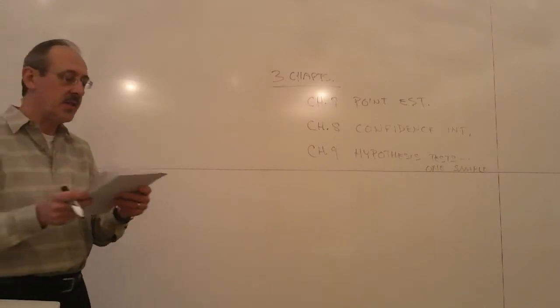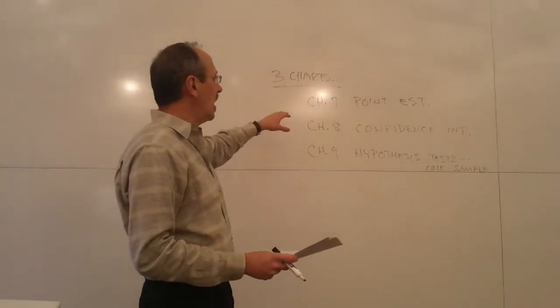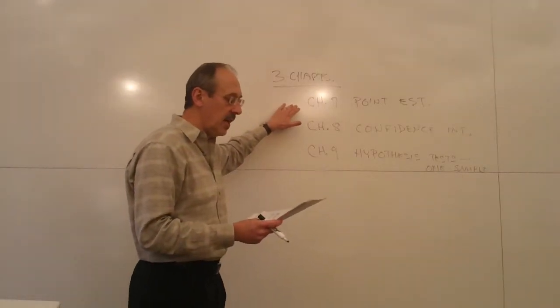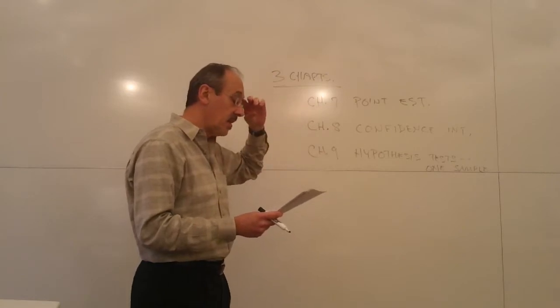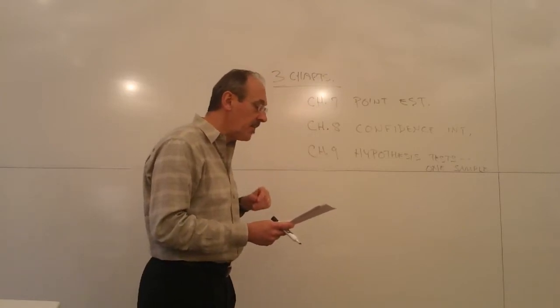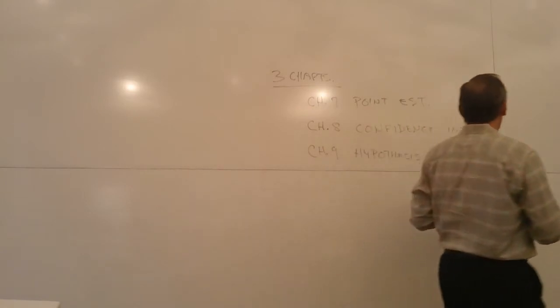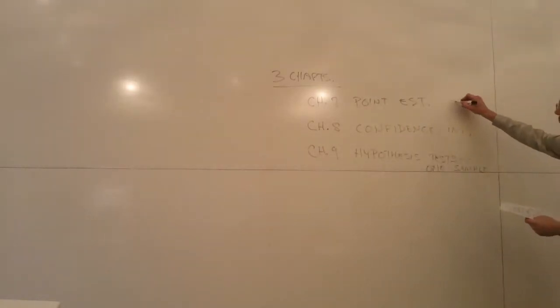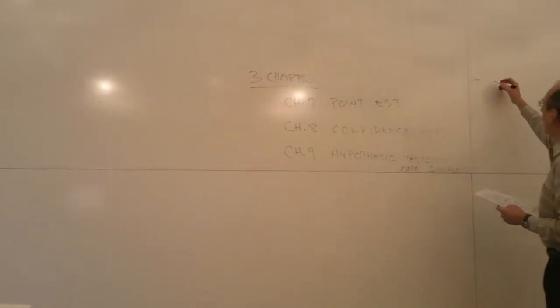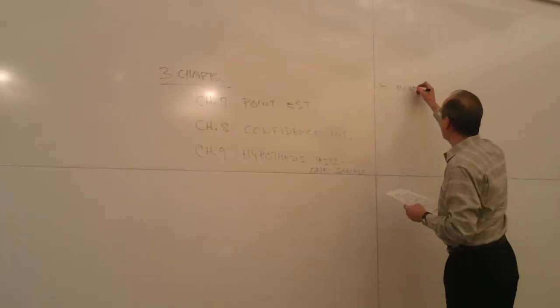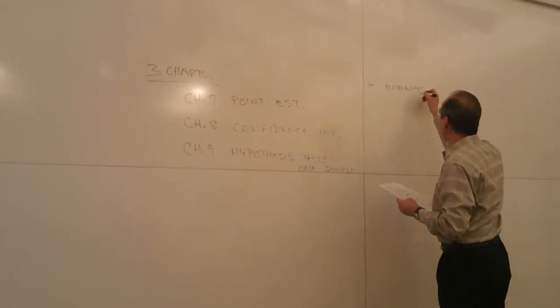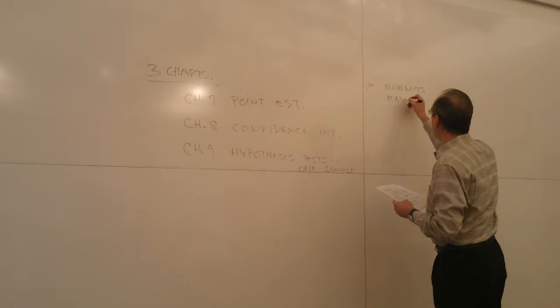I've had requests to talk about point estimation and the methods we looked at there. And so they include, so this is chapter 7, method of moments and maximum likelihood.